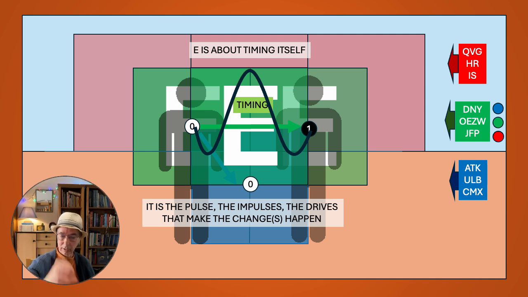It is that pulse, that impulse, that drives the changes that can happen. Change is maybe written with the letter A as an activity that says, okay, it is about something that is becoming a reality, but because it is pronounced as E, it says also it is becoming. It is in the timing. It is the timing, and you have the timing by making the timing, by making it happen.